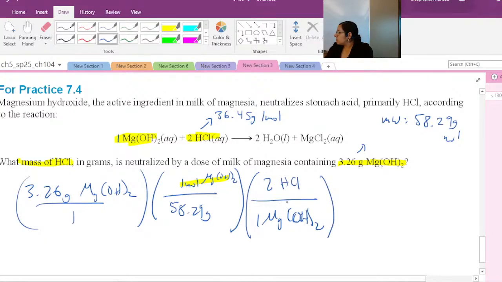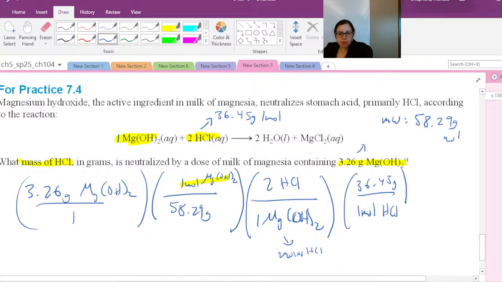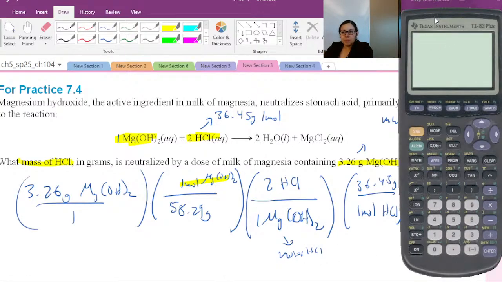Any questions so far? Right now we're at moles of HCl. It wants mass though, so the last step is to take our moles of HCl. 1 mole of HCl is 36.45 grams. Now let's plug this all in.